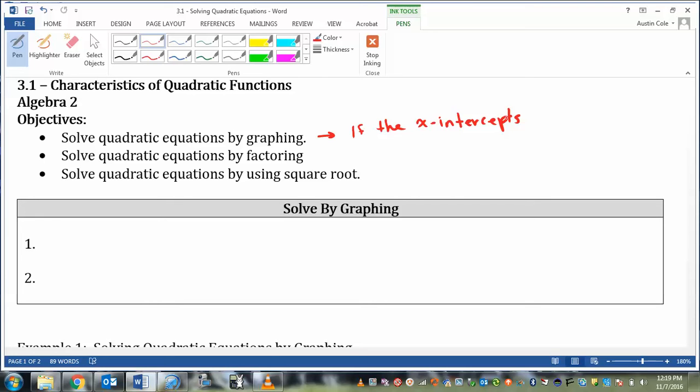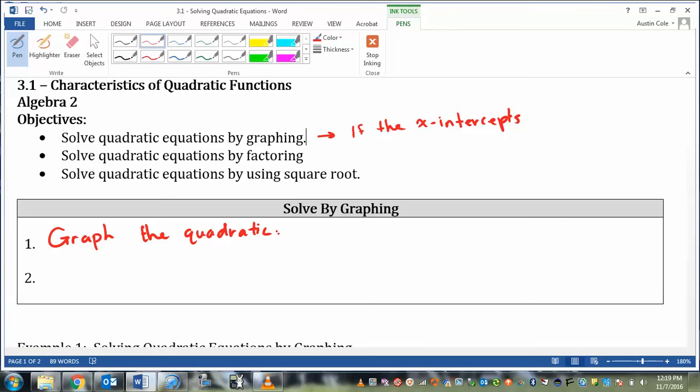I'll come back to the second objective here in a second. So solve by graphing. Here's what we need to do. Step 1 is we need to graph the quadratic. That's what we worked on all last chapter.